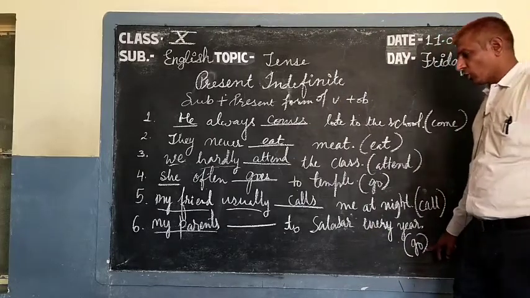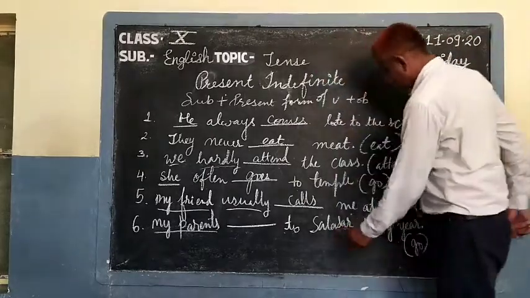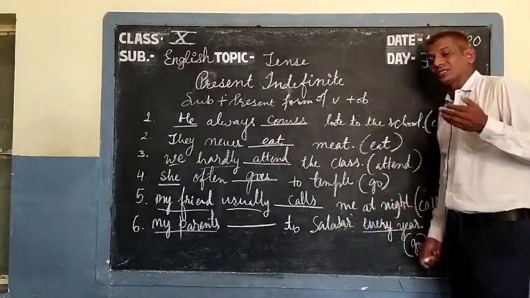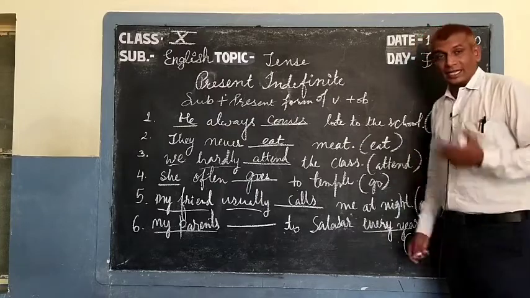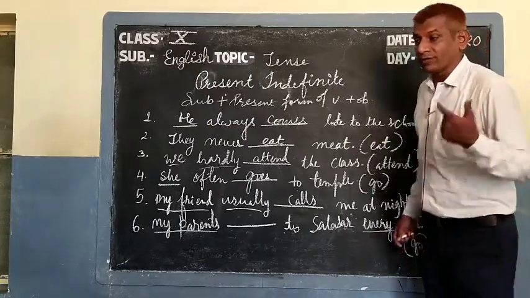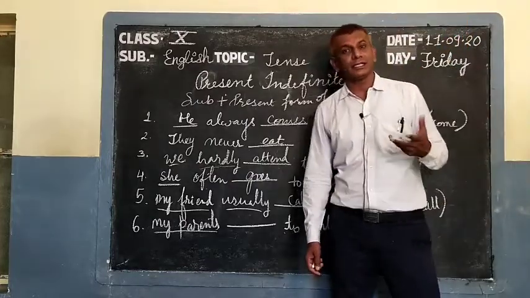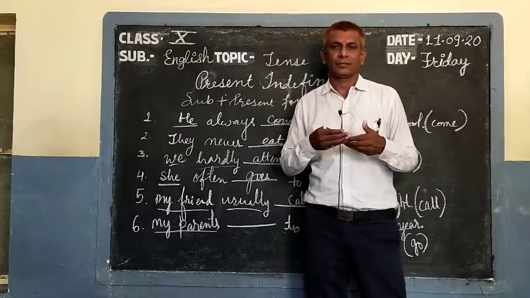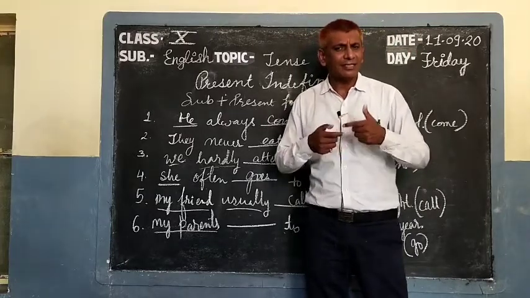Verb is go. So every year, I told you the word every year means where you see the every day, every year, every month, every week, every night, every season. Means it tells the repetition, something a repeated activity.